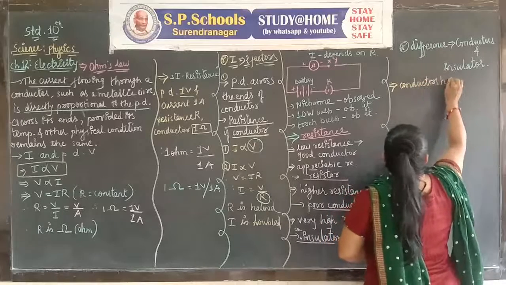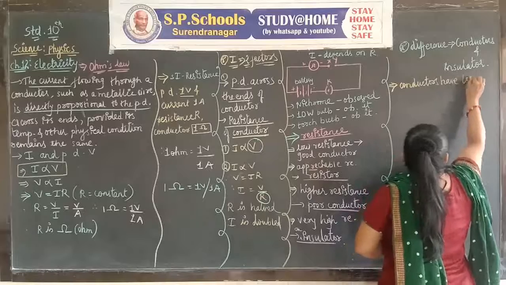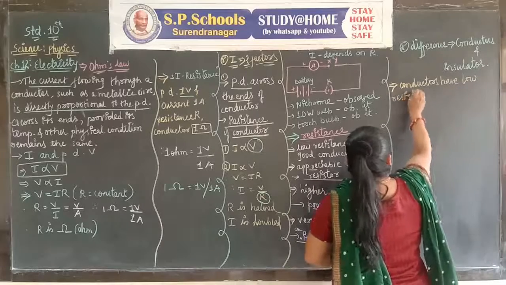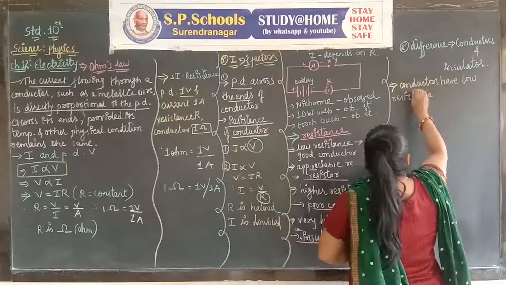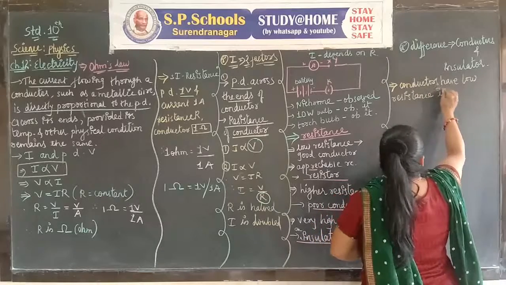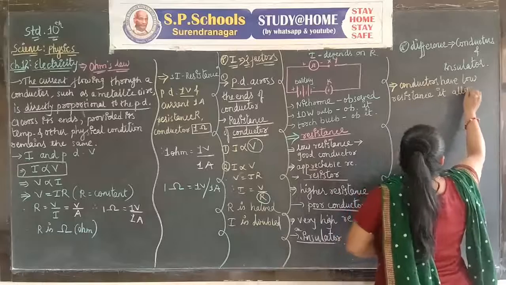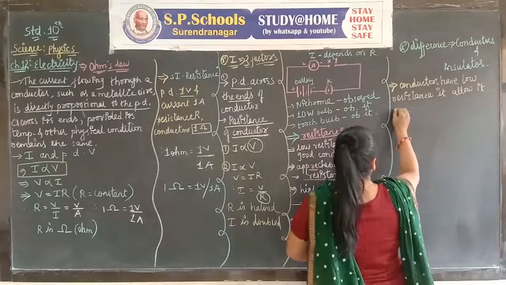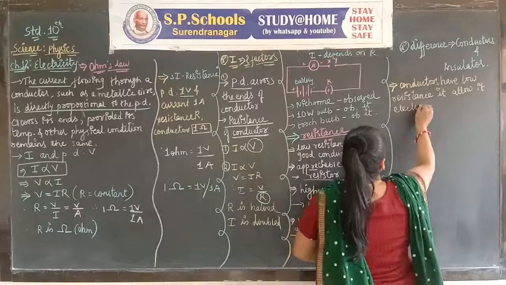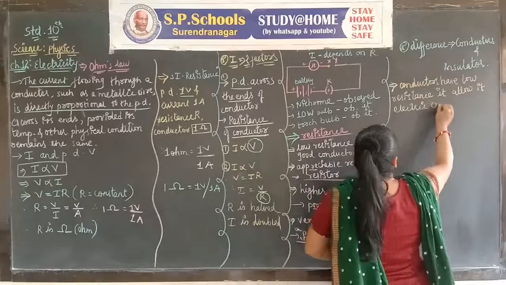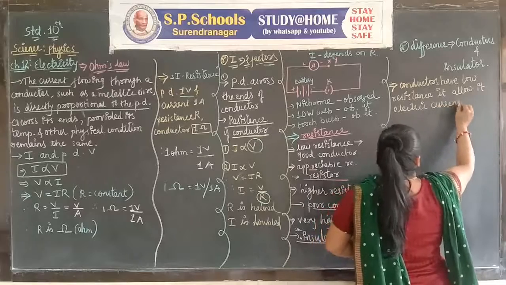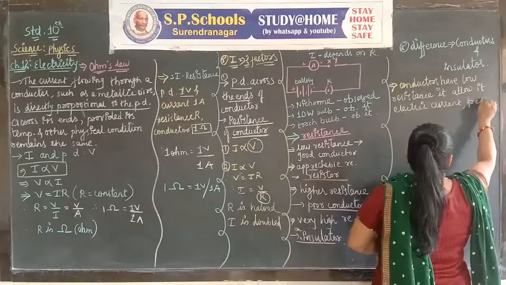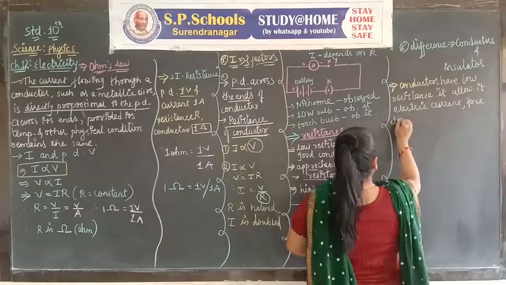Conductors have low resistance to allow electric current, because of the free electrons in them.